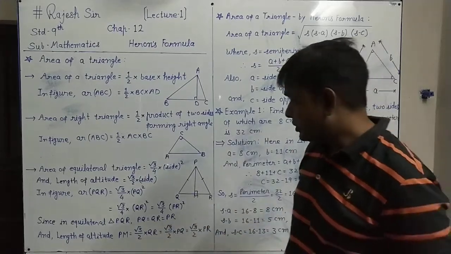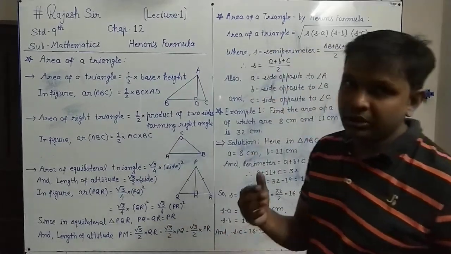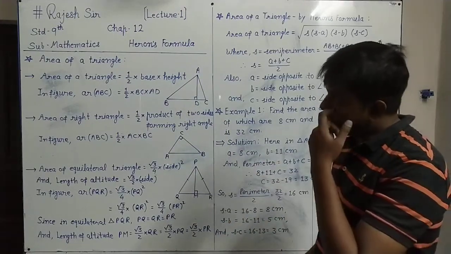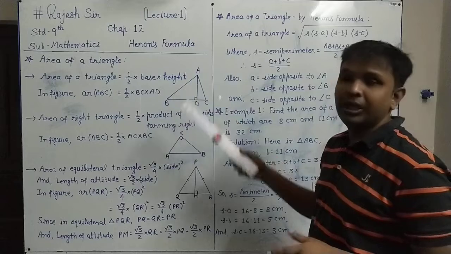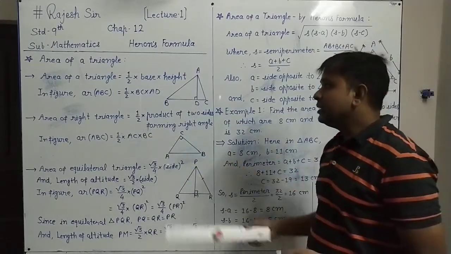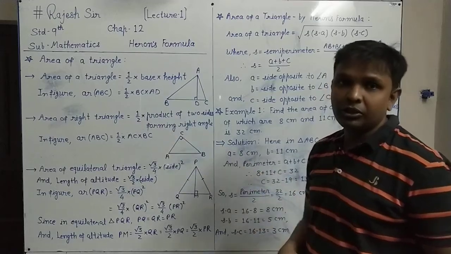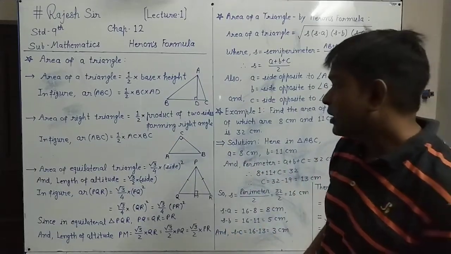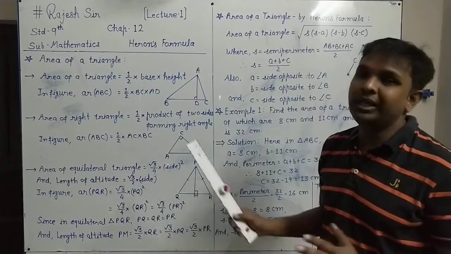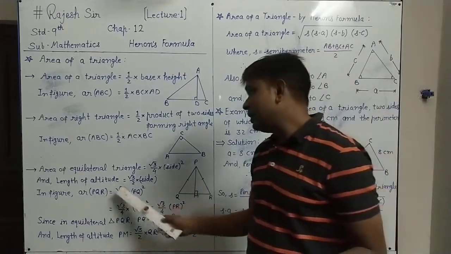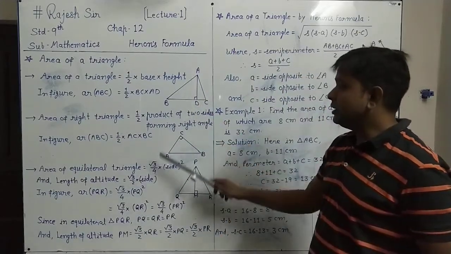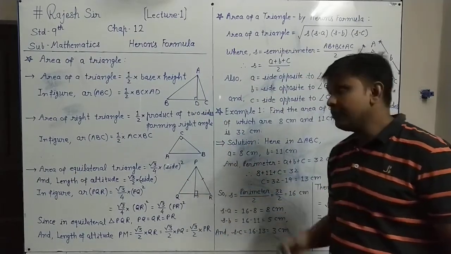So in this part we have seen that the area of a triangle is half into base into altitude for any triangle. The area of a right triangle is half into the product of the sides forming the right angle. The area of an equilateral triangle equals root 3 by 4 into side square, and the length of altitude is root 3 by 2 into side. These things must be remembered for the next examples.